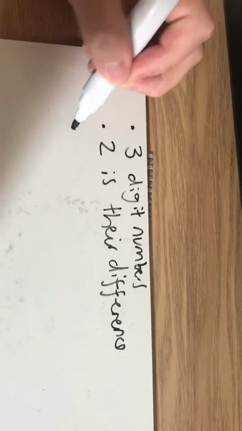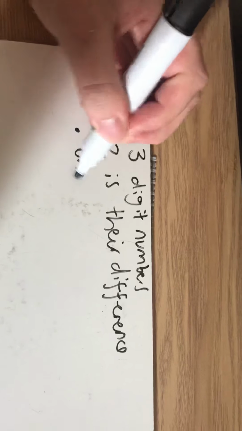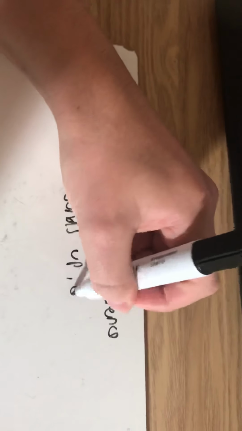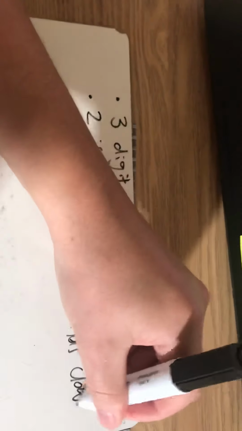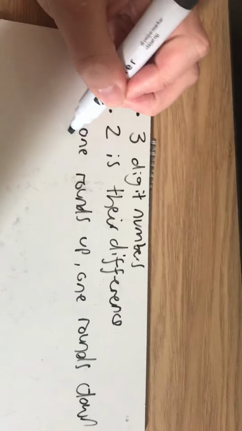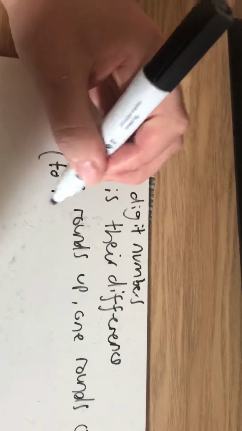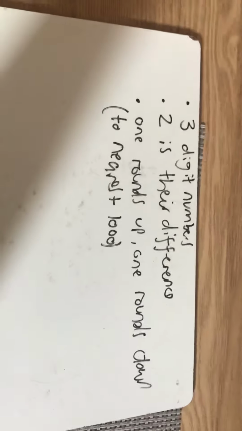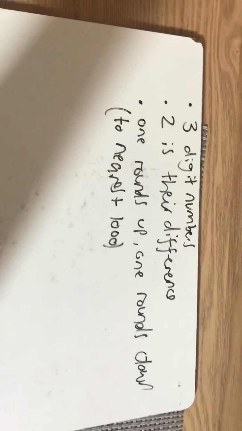And basically, 1 rounds up, 1 rounds down to the nearest 1,000. Bit scruffy right now, but I'll try to write it nice and fast.